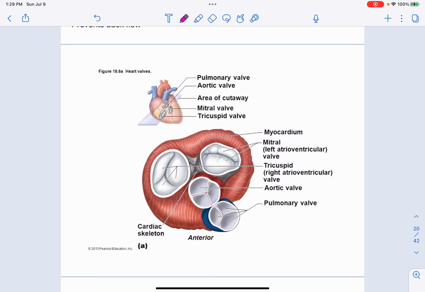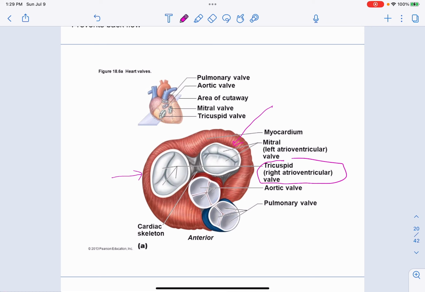So here is the tricuspid valve right here, and here is the bicuspid valve, okay? So you can see they have these cusp appearances, and there's 3 cusps that form the tricuspid valve, and then there's 2 cusps that form the bicuspid valve or the mitral valve.